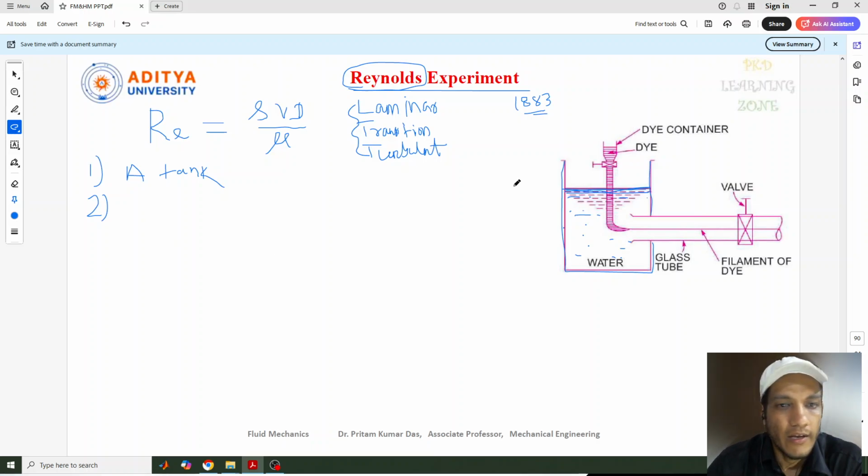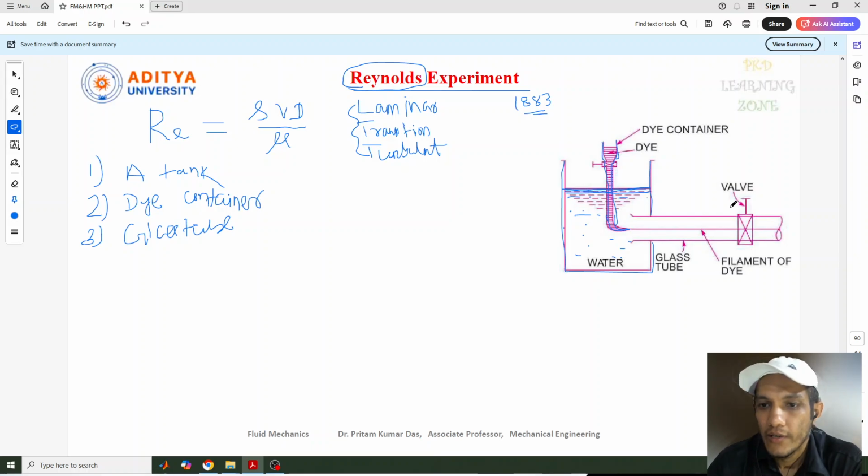So this is the dye container. The third one is a glass tube.